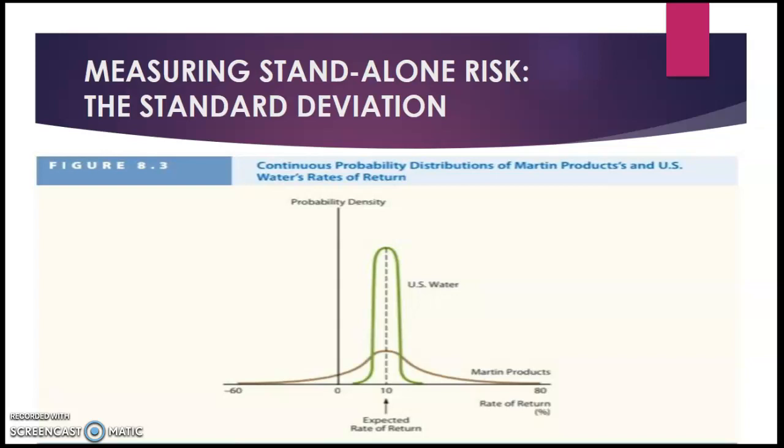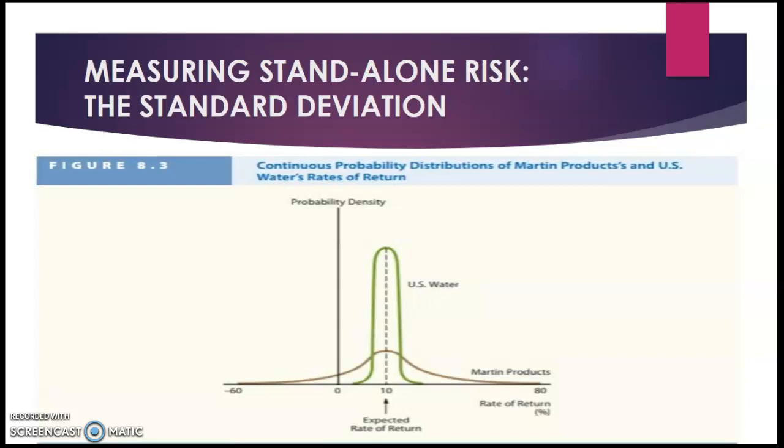The standard deviation, or sigma, is a measure of how far the actual return is likely to diverge from the expected return. Martin's standard deviation is 54.22%, so its actual return is likely to be quite different from the expected 10%. US Water's standard deviation is 3.87%, so its actual return should be much closer to the expected return of 10%.